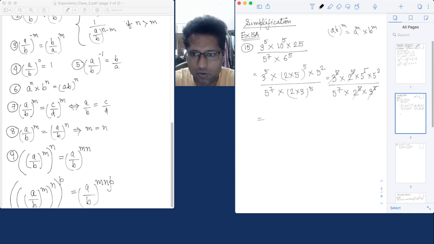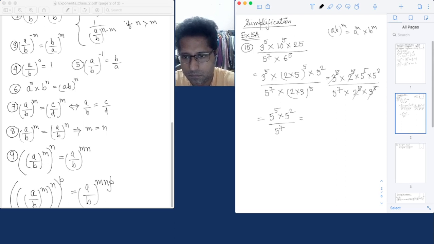And so we are left with 5 raised to the power 5 multiplied by 5 squared divided by 5 raised to the power 7. Now we can utilize the fact that a to the power m multiplied by a to the power n is nothing but a raised to the power m plus n.